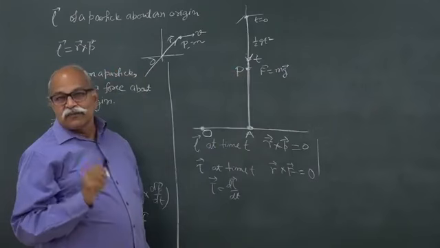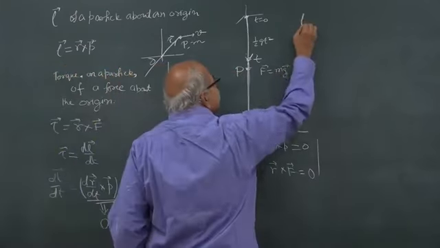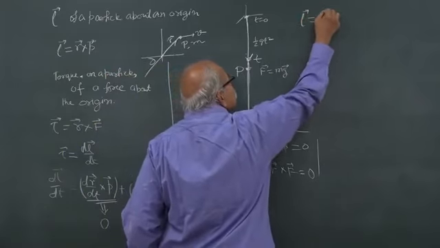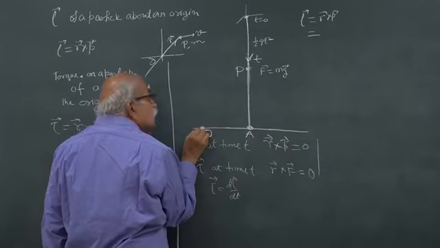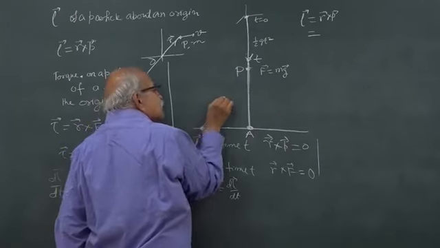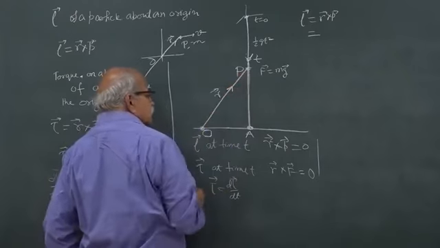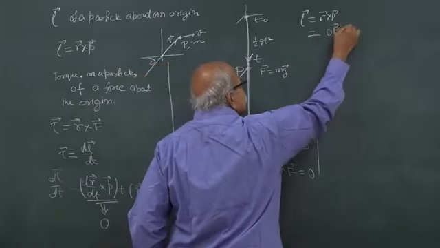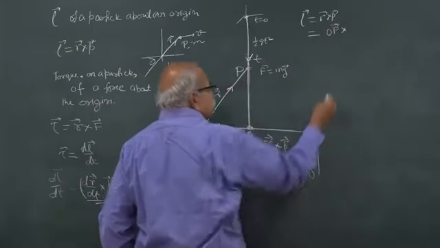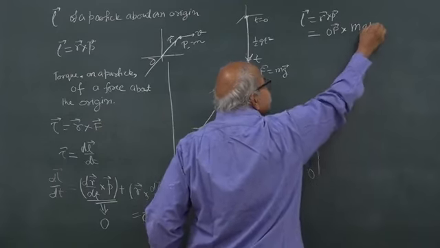Now, what is the angular momentum? Is it 0? The angular momentum L is r cross p, and the r vector is from the origin to the particle. So, this is the r vector. So, OP cross product with the p vector, mass times velocity. What is the velocity? gt.